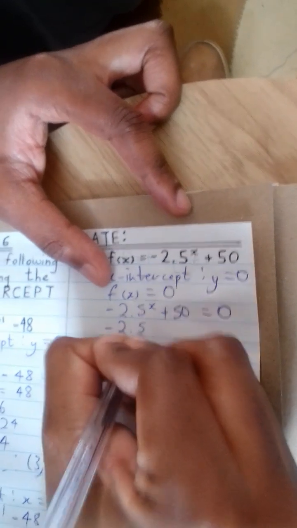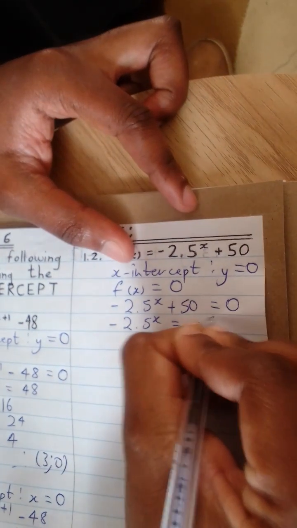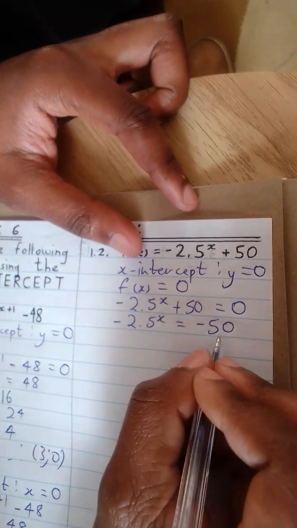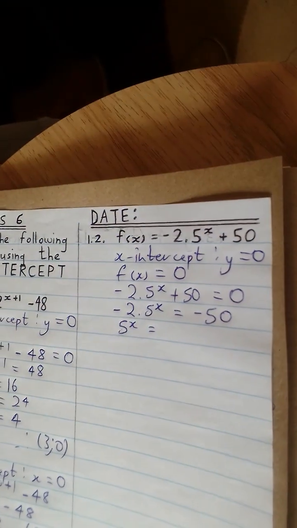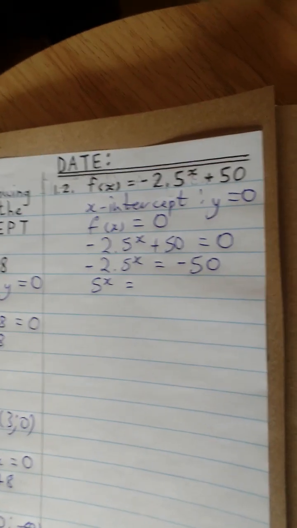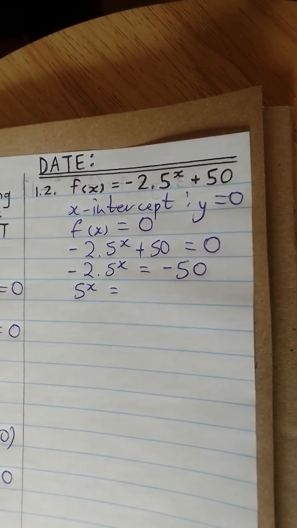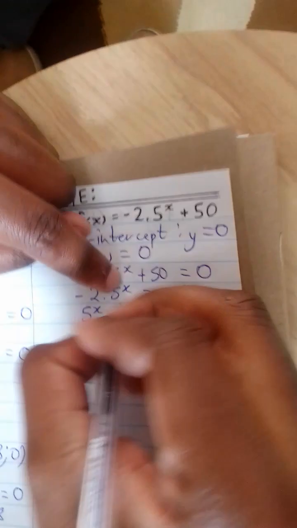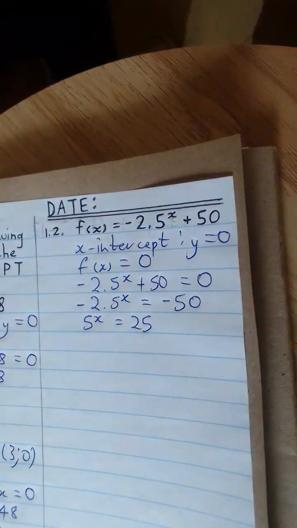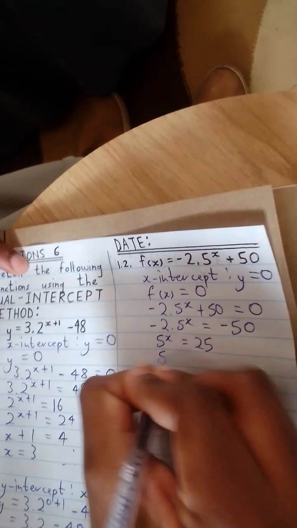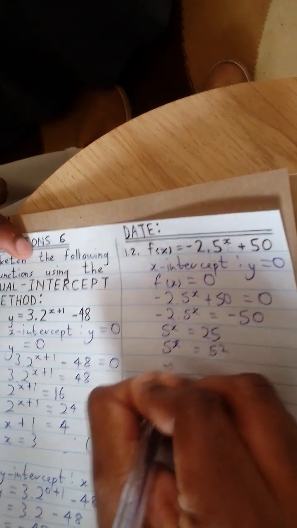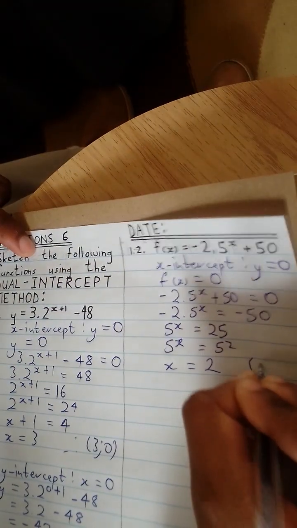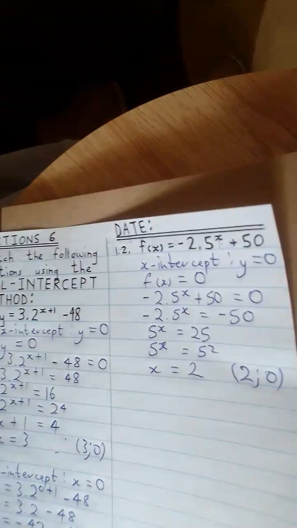Negative 2 times 5 to the power of x is negative 50. Divide both sides by negative 2. 5 to the power of x is equal to negative 50 divided by negative 2, which is 25. How do you write 25 in its factorized form? It's 5 squared. So 5 to the power of x is 5 to the power of 2. So you have x is 2. So 2 and 0.